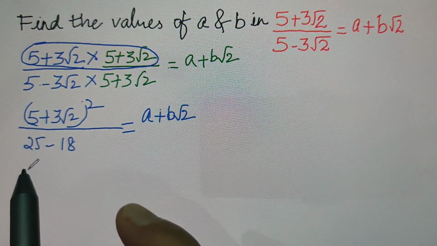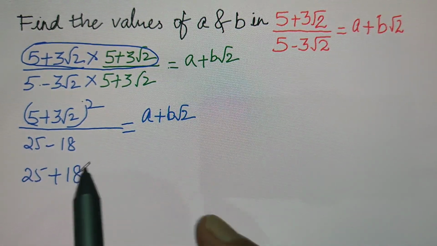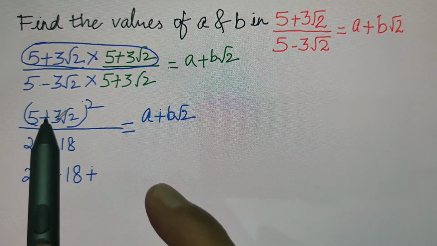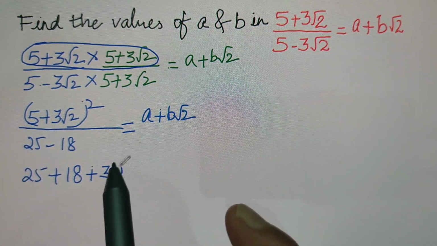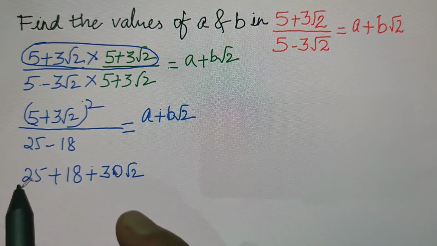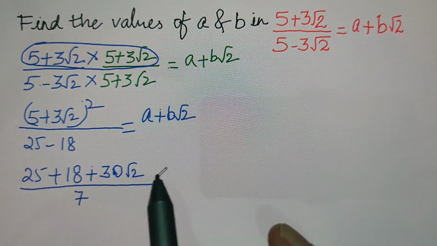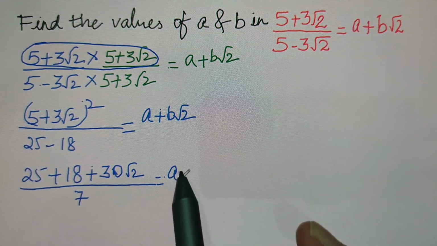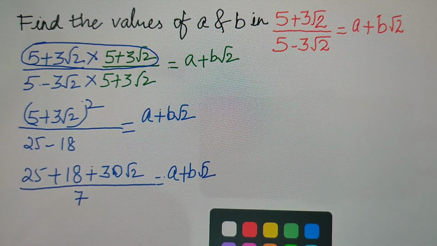Now this can be written as 25 plus 18 plus 5 3 is 15, 15 2 is 30, 30 root 2 upon 25 minus 18 is 7, which is equal to a plus b root 2. Great.